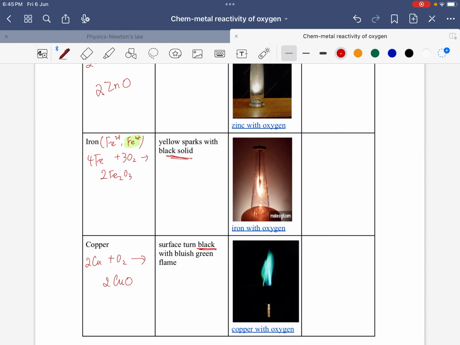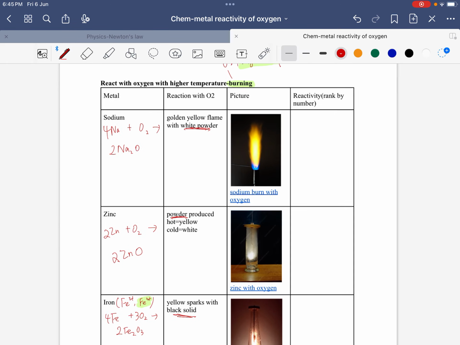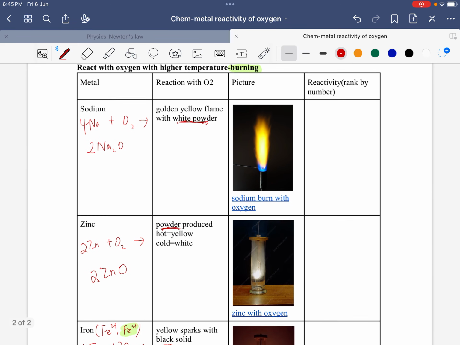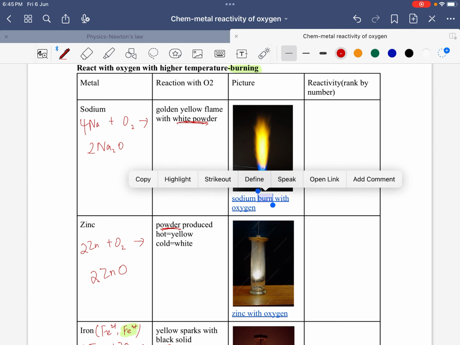So here there are some video clips that I would like to show to you, to show how the experiment is carried out. So let's take a look. First we see sodium with oxygen.